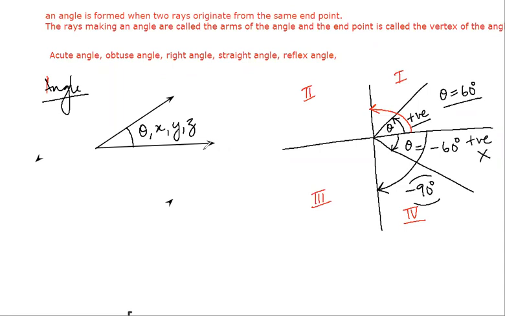So once again, coming back to what an angle is, students. The origin point can be named A. An angle is formed, you should remember, when two rays originate from the same endpoint. Now students, an angle can be 0 degrees also. How will we justify this?